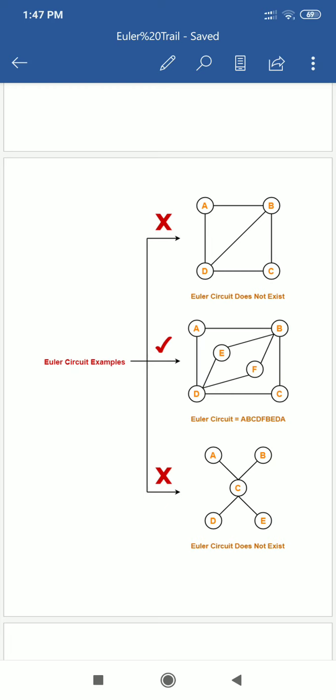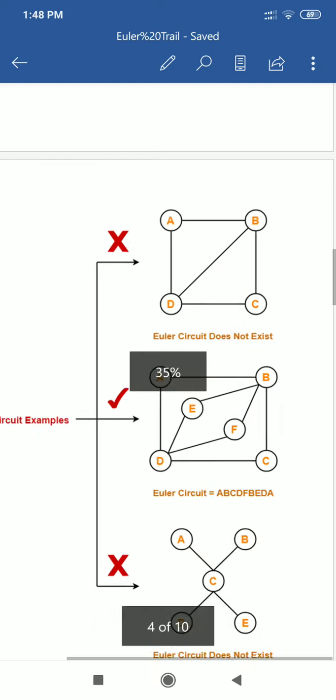If you are considering a trail, then the initial and ending vertices should be different. For a circuit or cycle, the initial and terminating vertex should be the same, but in the case of an Euler circuit, vertex repetitions are allowed. For a cycle, it is not. So we are considering the Euler circuit.